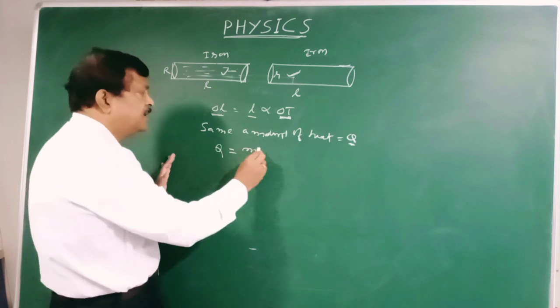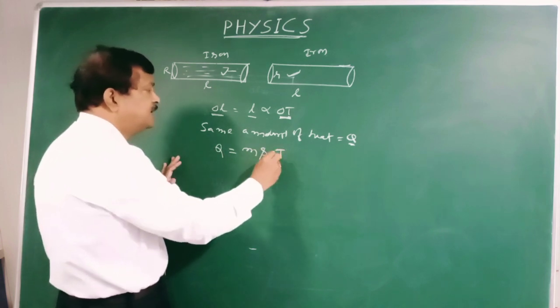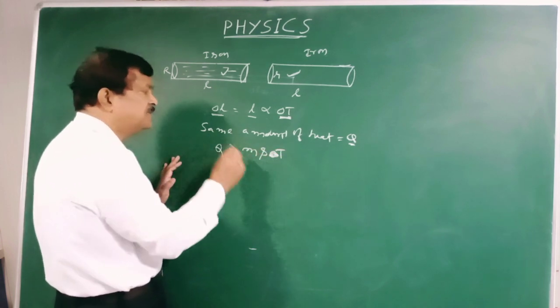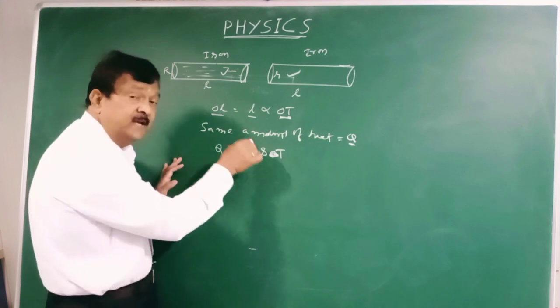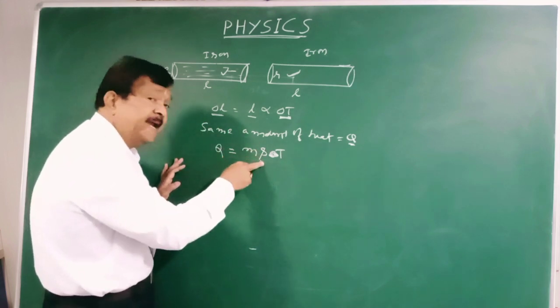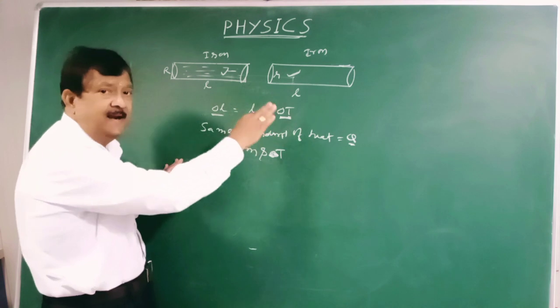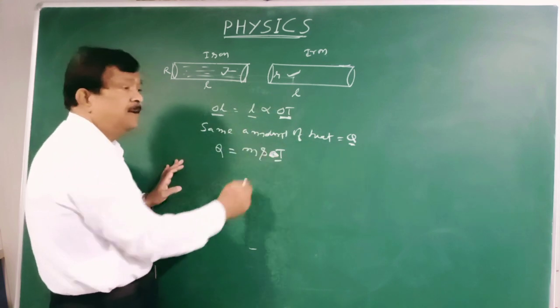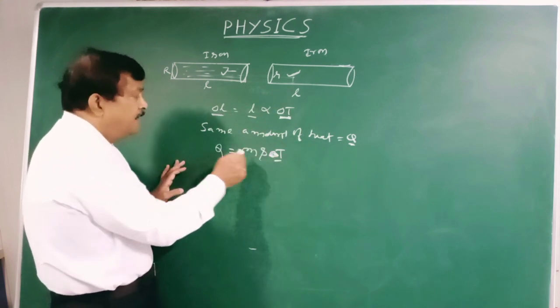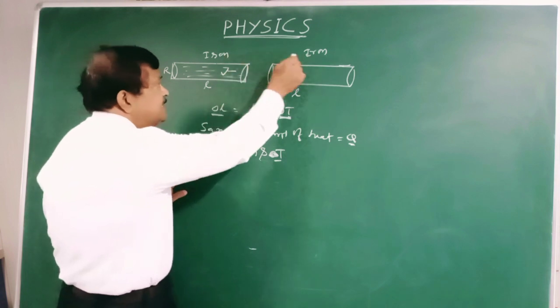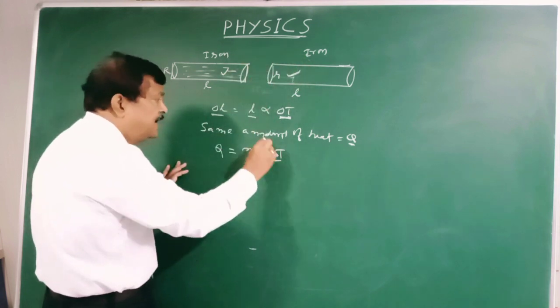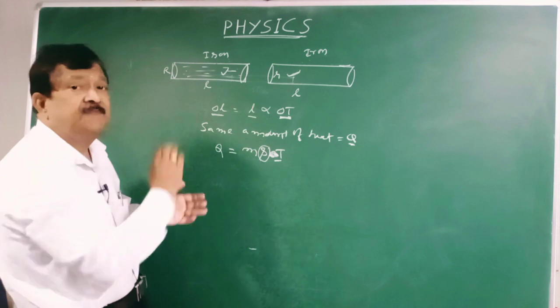The heat energy given to the body is m s delta T, where m is the mass of the body, S is the specific heat, which is again a property of the material, and delta T is the change in temperature. Now, both are made of the same iron, so the specific heat is the same for both of them.